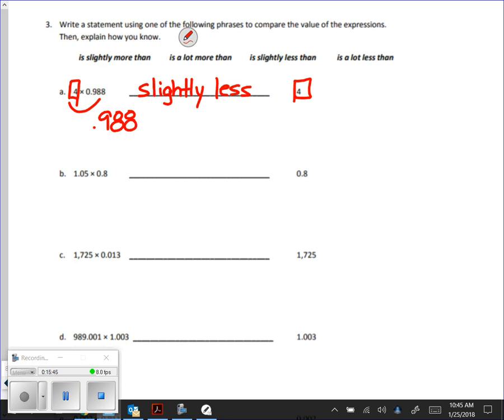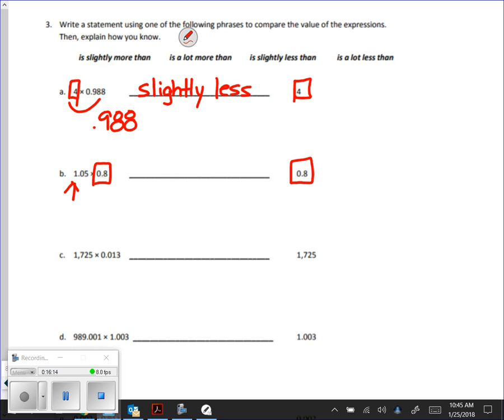So this one, I'm comparing 8/10 to 8/10. My scaling factor is this one, 1 and 5/10. So am I going more than or less than? More. 1 and 5 hundredths. Is my product going to be bigger or smaller? Bigger.